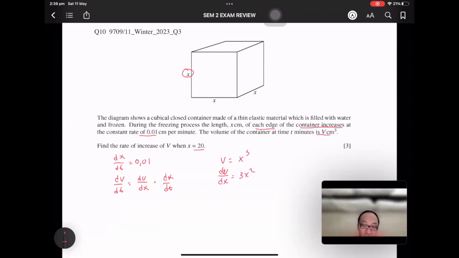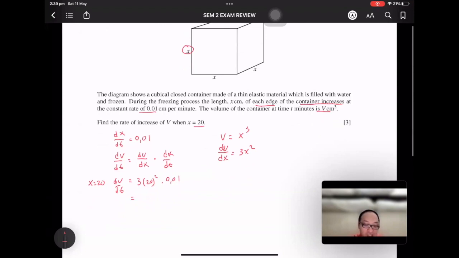When x equals 20, we can put it here. dV/dt will be dV/dx, so it's 3x squared, we replace the x squared, times dx/dt. dx/dt is 0.01. So this equals 3 times 400 times 0.01. It is 12 centimeter cubed per minute.